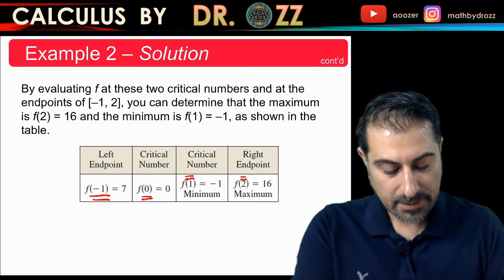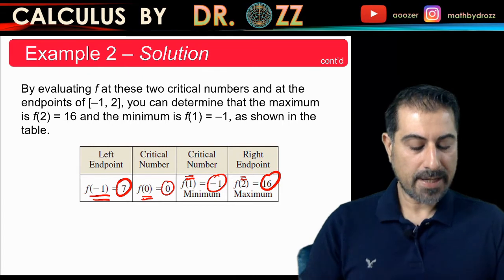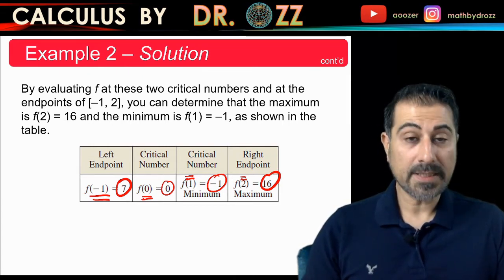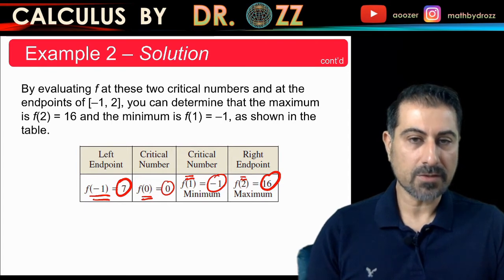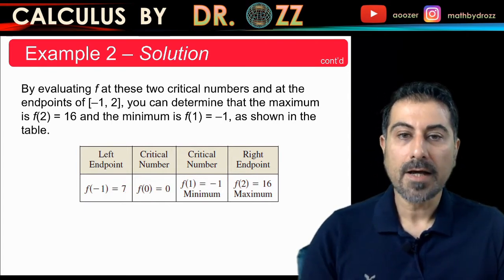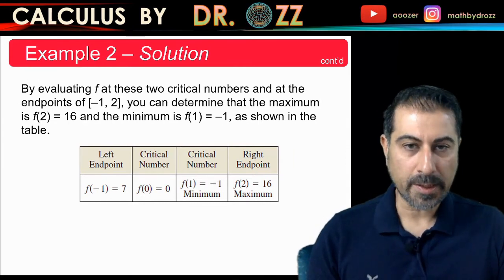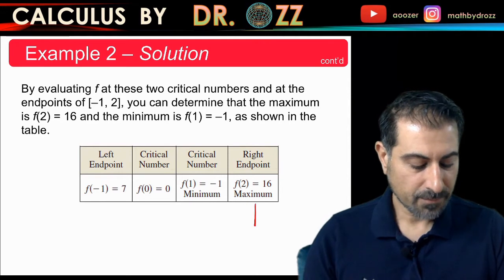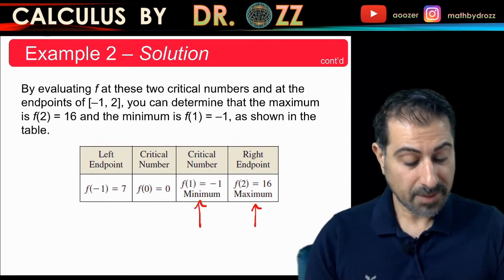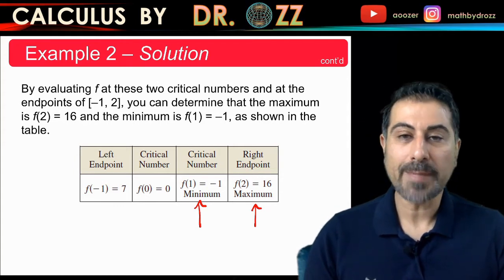At 0, it takes the value of 0, right? And -1 and 16 at 1 and 2. So we are going to take the greatest and least values here. So -1 is the least of all, and 16 is the greatest of all. So we have a maximum and a minimum achieved at x equals 2 and x equals 1 respectively.